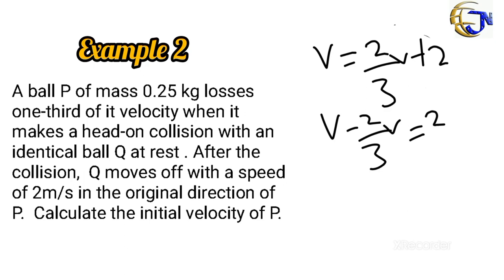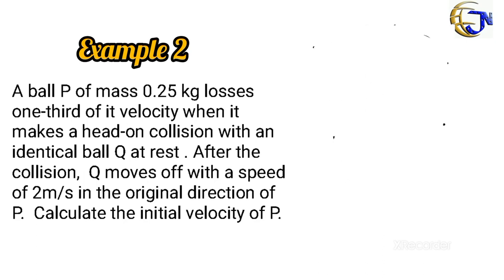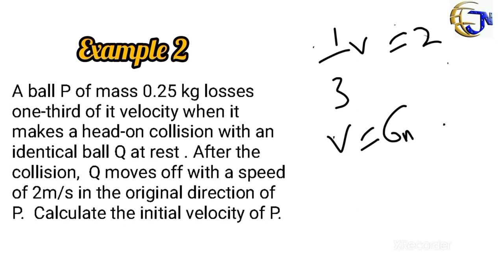V minus 2/3V will give us 1/3V is equal to 2. We can cross multiply, so that V will just be equal to 6 meters per second.